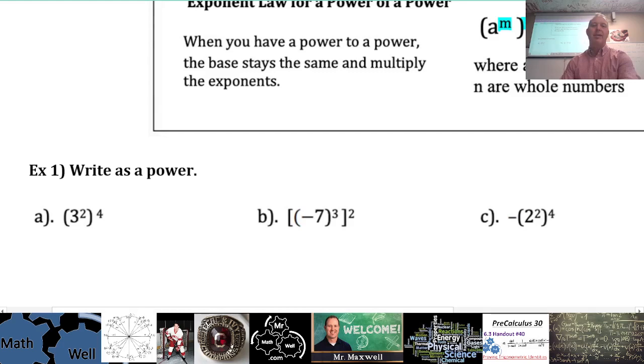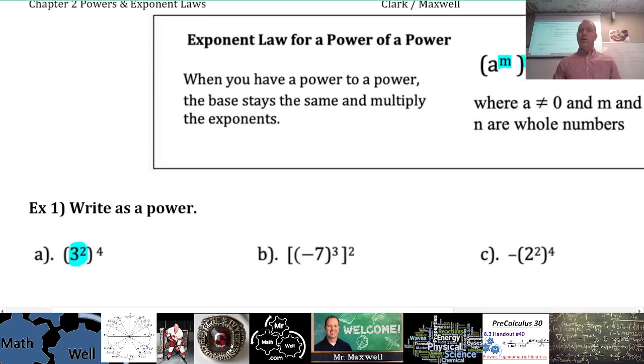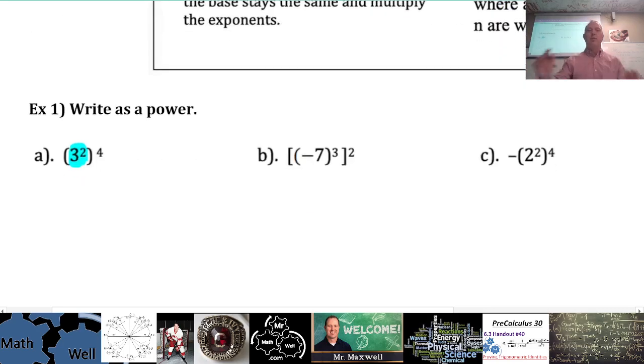Okay, so let's see. What's the base that you see here? Is it 2? It's 3. Okay, it's 3. Now listen, if you view this as 9, we're not using our exponent law, but you could still get the right answer. I'll explain that in a second.